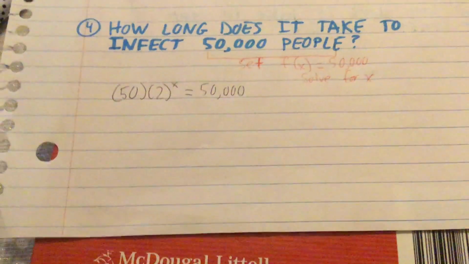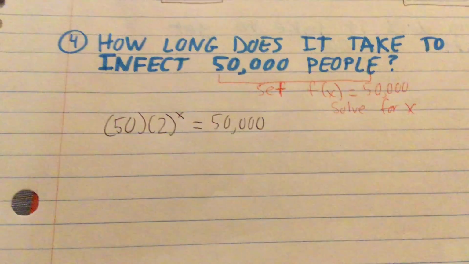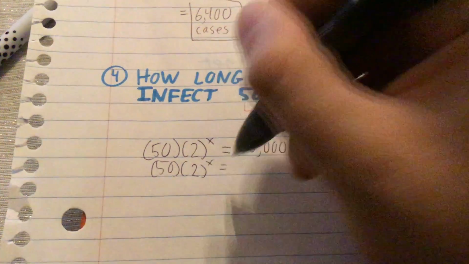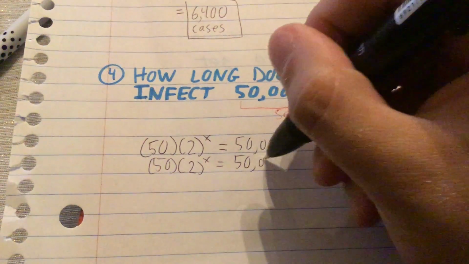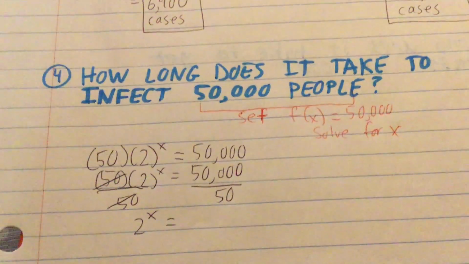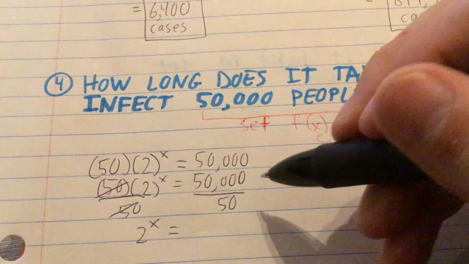Okay, so now we solve for x. We're going to divide both sides of the exponential equation by 50. So then we get 2 to the x is equal to, cancel out a 0, so that'd be 5,000.